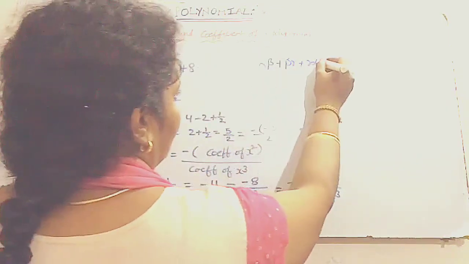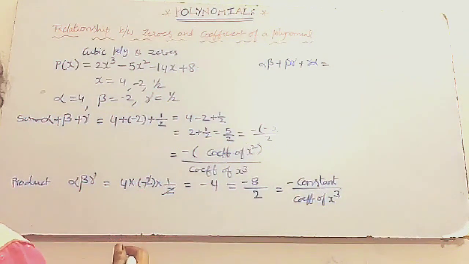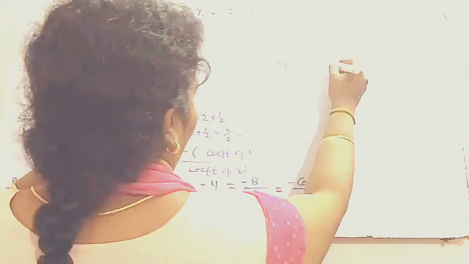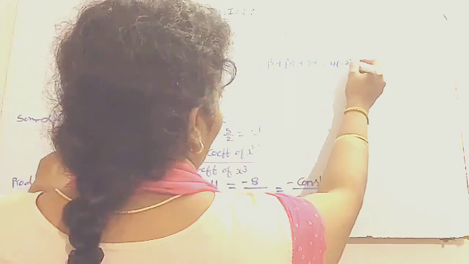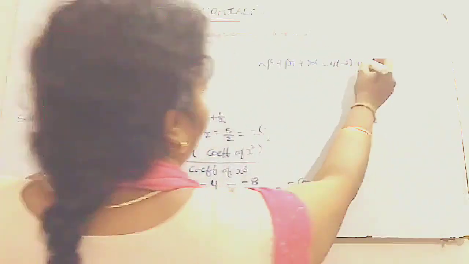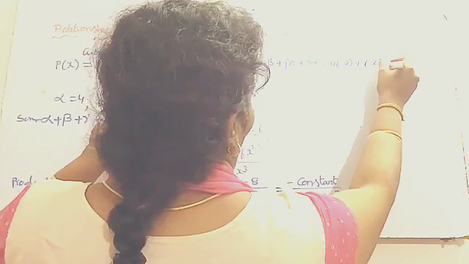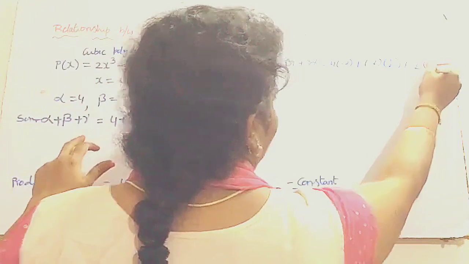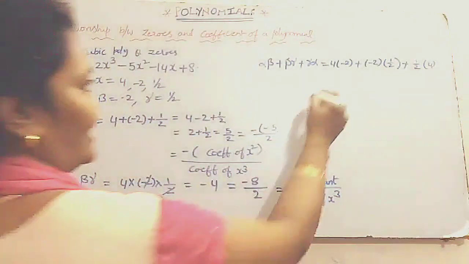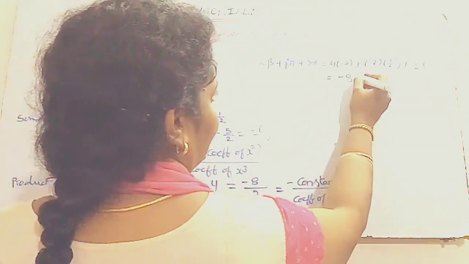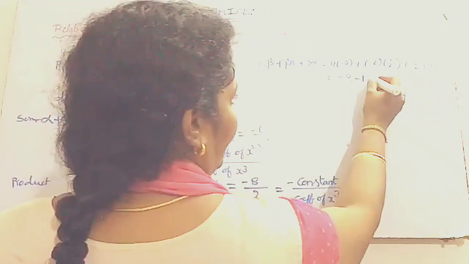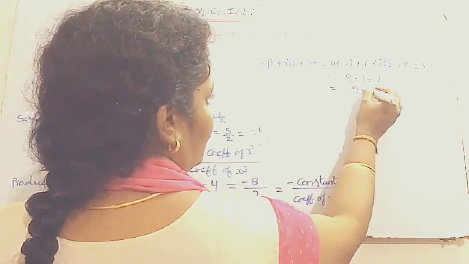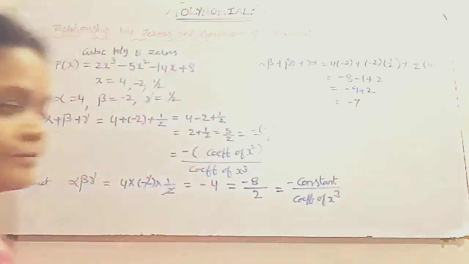That means now what is alpha beta? 4 into minus 2 plus minus 2 into 1 by 2 plus 1 by 2 into 4. That means we will get minus 8 minus 1 plus 2. That means minus 9 plus 2. That equal to minus 7.